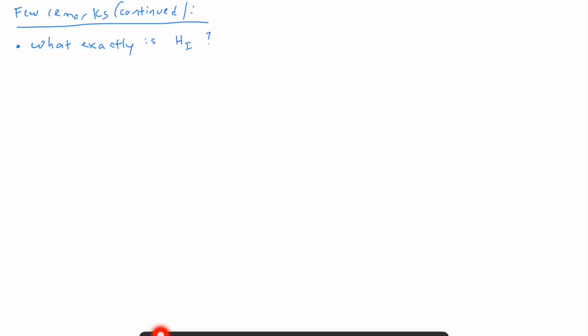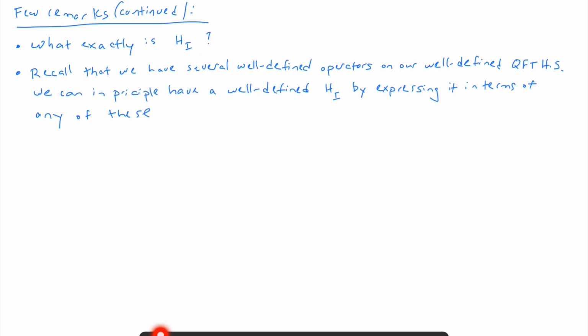Now, what exactly is HI? We're talking about changing the Hamiltonian into something new, H0 plus HI, but what is HI? Well, this is interesting. First of all, just to make sure the question is well posed with a well-defined answer, recall that we have several well-defined operators on our well-defined QFT Hilbert space. Going back to our earlier lectures, I was always bothered when I studied quantum mechanics that ideas sometimes came out of nowhere.